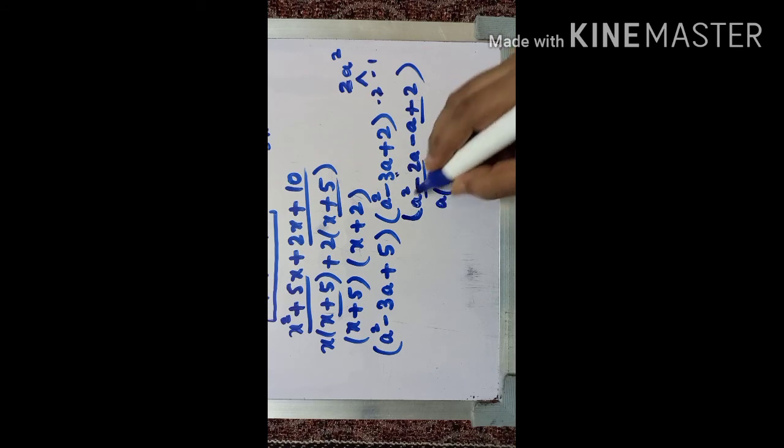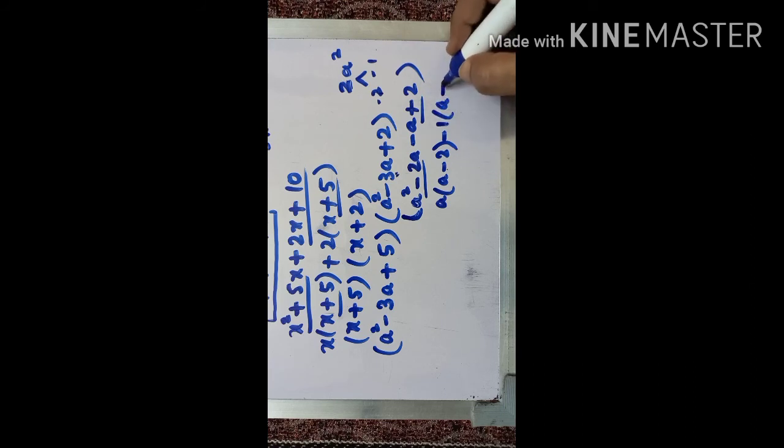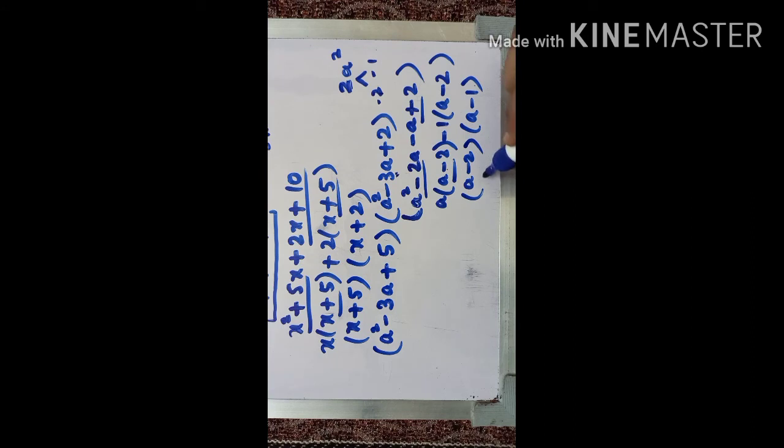So a, then a minus 2, then minus, here nothing you can take. So a, again minus, it will become plus, will become minus. We are writing under the brackets. Then 2. So a minus 2, this part, and a minus 1. So this part we have again factorized and you got a minus 2 and a minus 1.